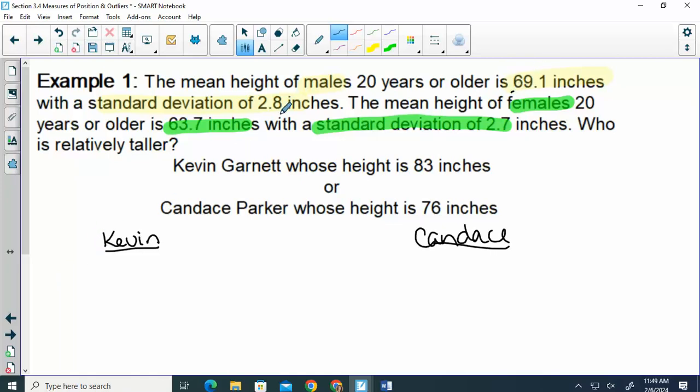And the standard deviation is 2.8. If I want to find his z-score, it's his value, his height, which is 83, minus the mean for his group, divided by the standard deviation for his group.